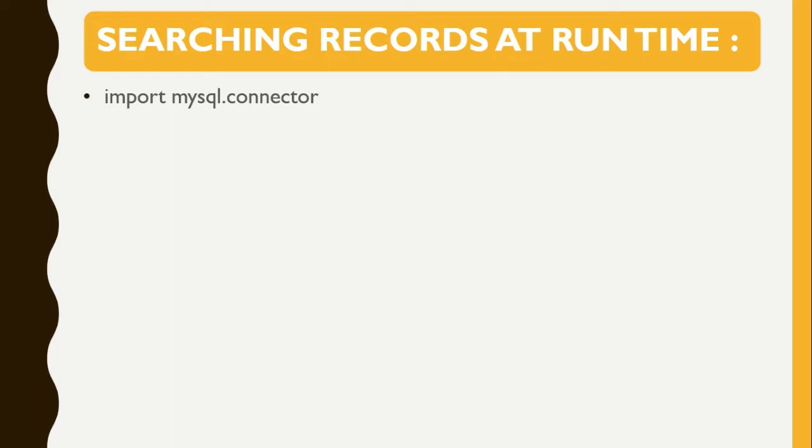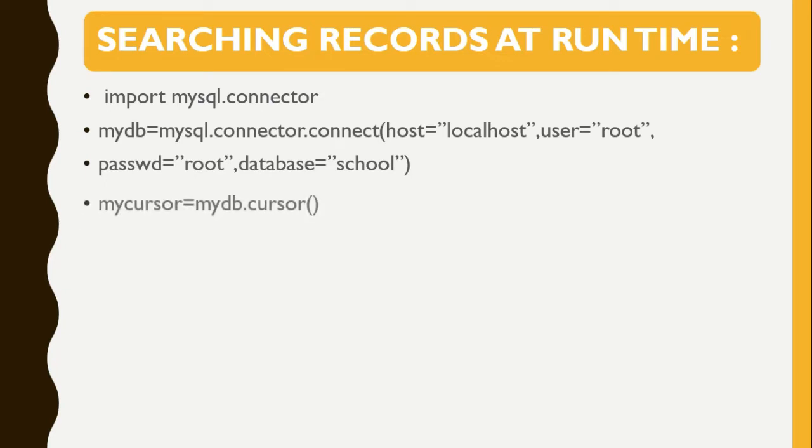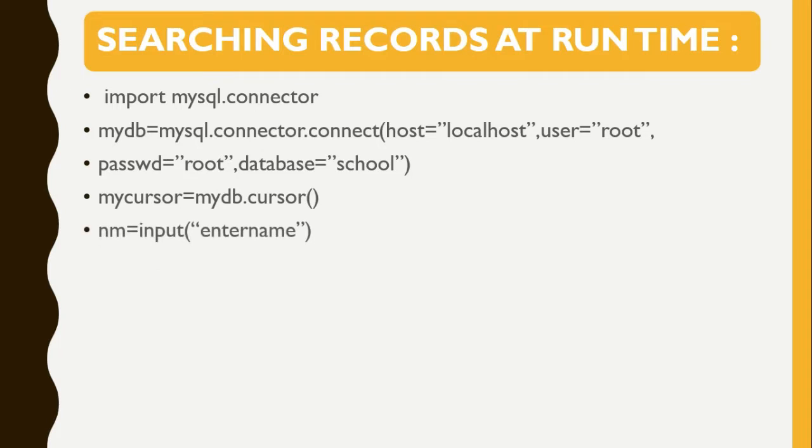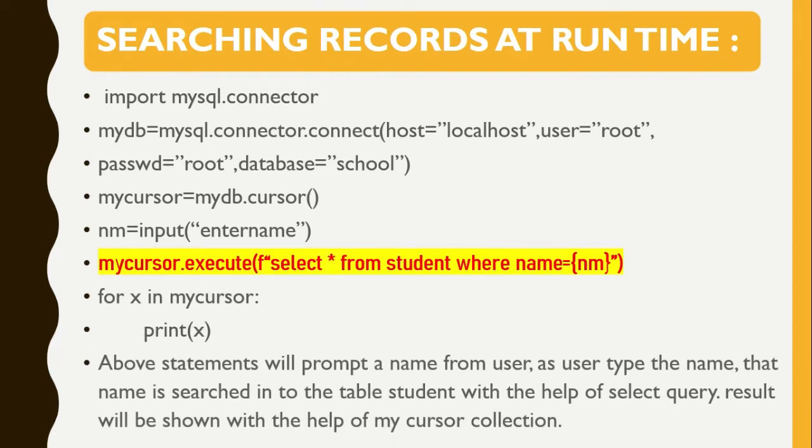First, we import mysql.connector, then we establish the connection, then we create the cursor object, then we take a particular username, execute the query, display the result, and after that close the MySQL connection.